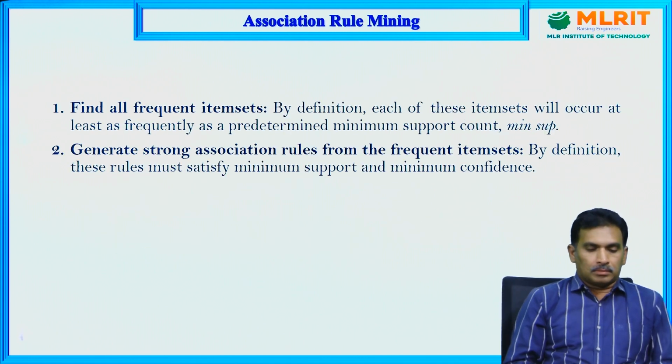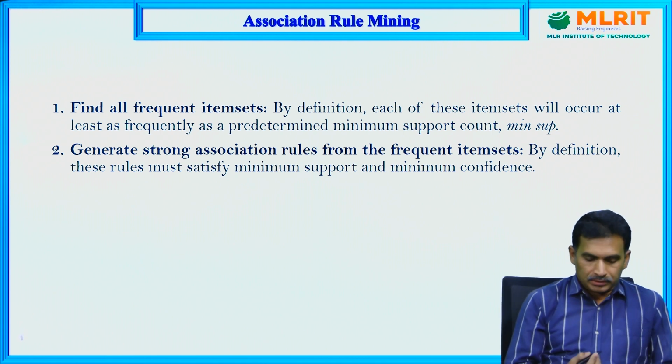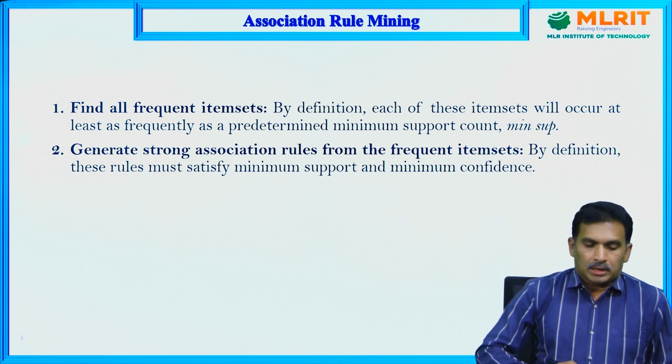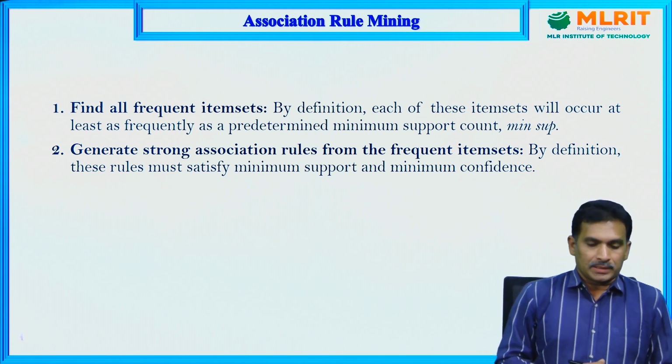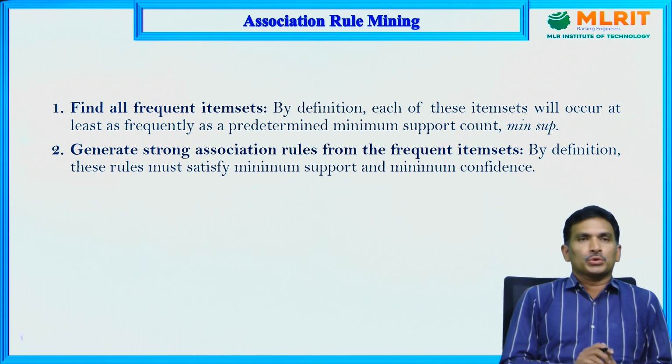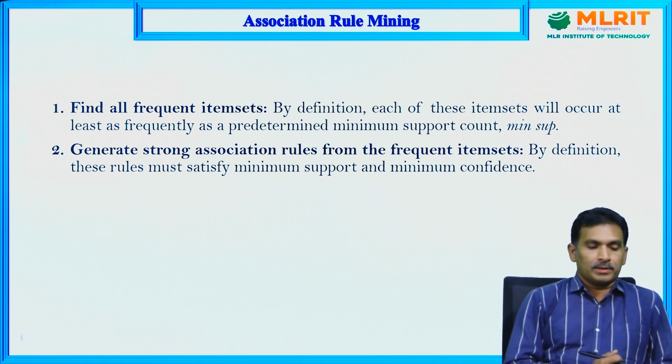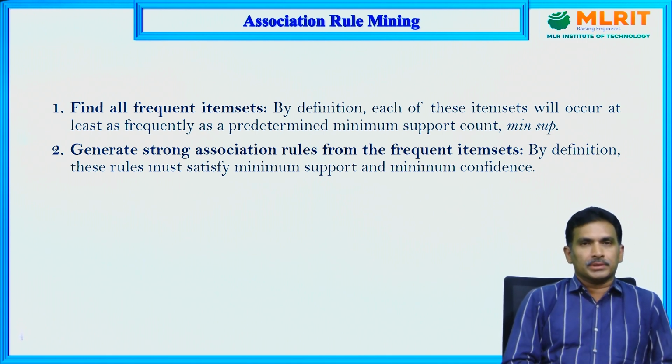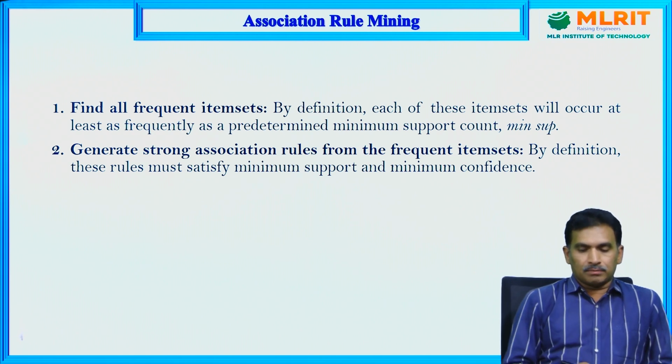As we discussed in the previous lecture, the association rule mining process comprises two steps. The first one is finding all frequent item sets, where each item set occurs at least as frequently as a predetermined minimum support count.